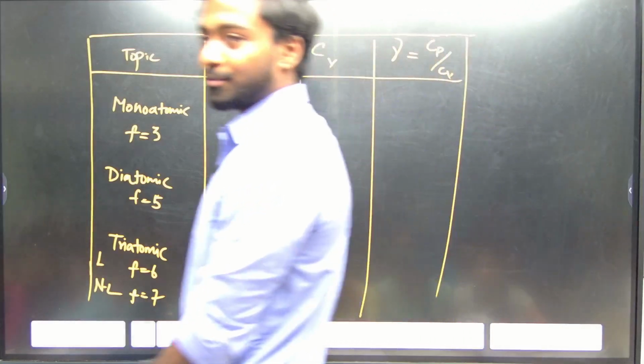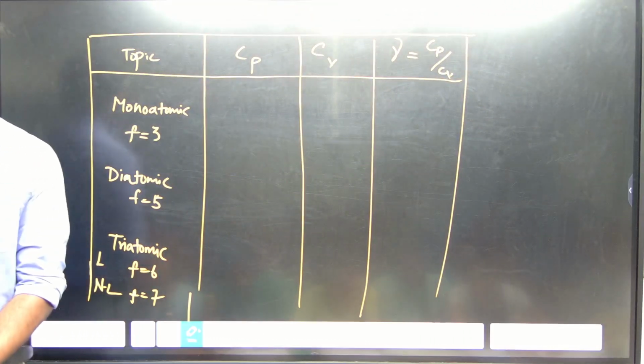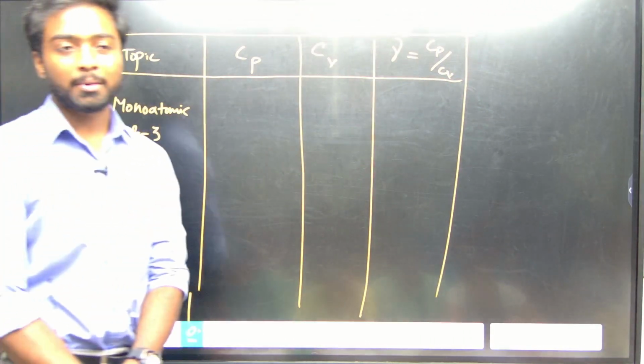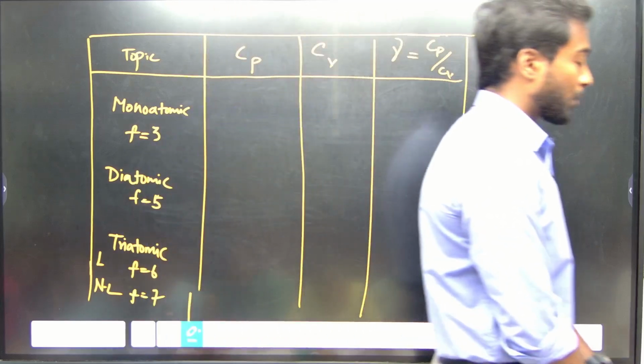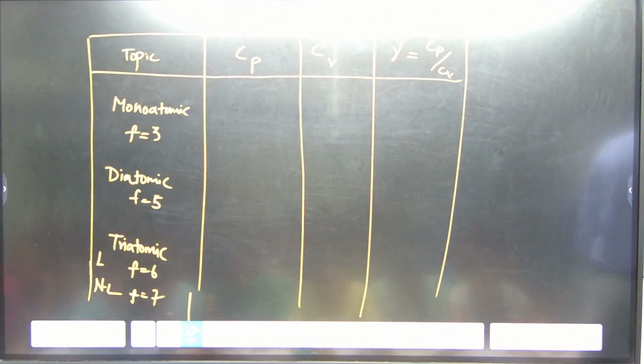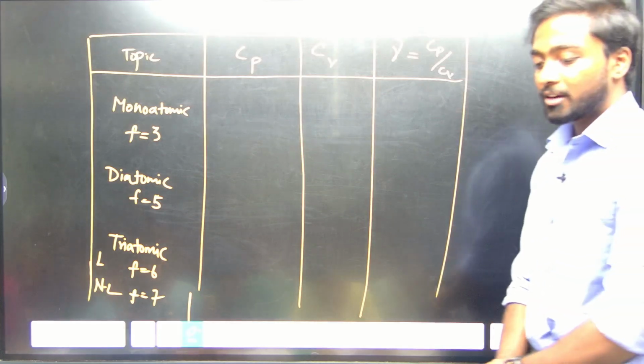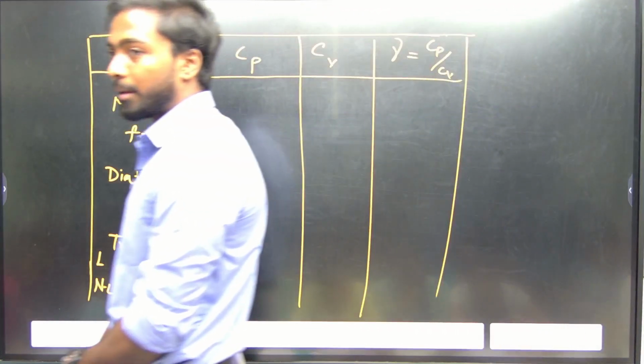Calculate. Cp formula I have given, and Cv formula I have given. In terms of R only you can say. No need to calculate in decimal, you can keep it in fraction itself.